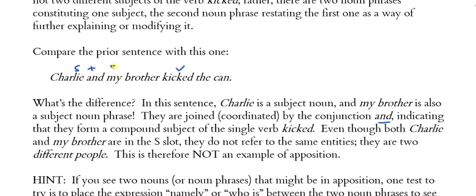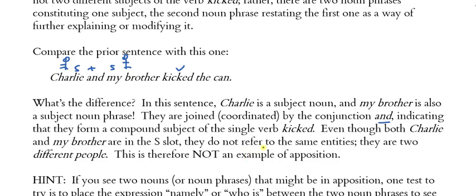So Charlie and brother are both the subject of kicked. Now, even though Charlie and brother are in the subject slot, do they refer to the same entity here? And the answer is no. They are actually two different people, and this is therefore not an example of apposition. Charlie is one guy, and my brother is another.